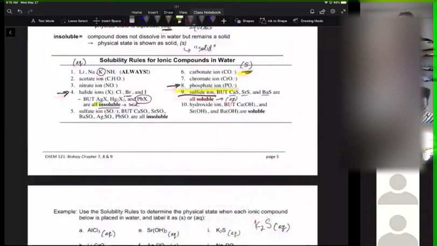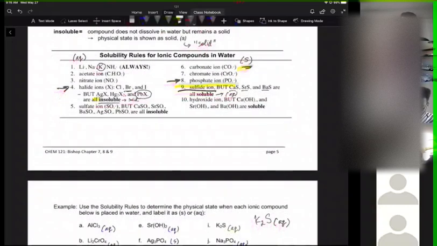Now for barium sulfide, we get all the way down to the sulfide rule number 9. And then we see our exceptions. These exceptions are aqueous. They're on the solid side of our table, so the exceptions become aqueous.